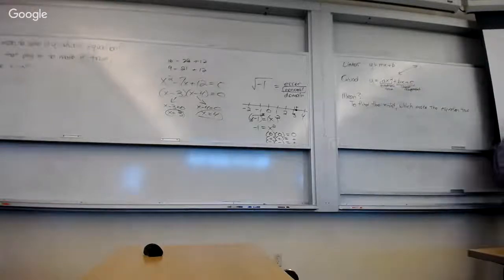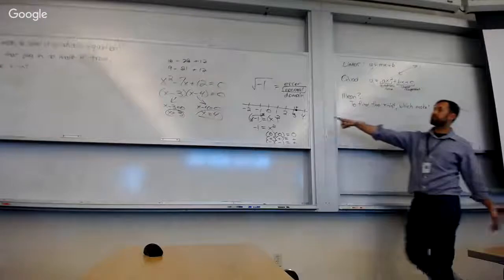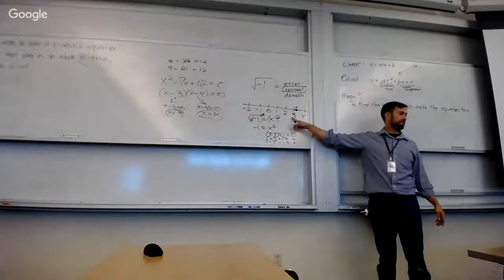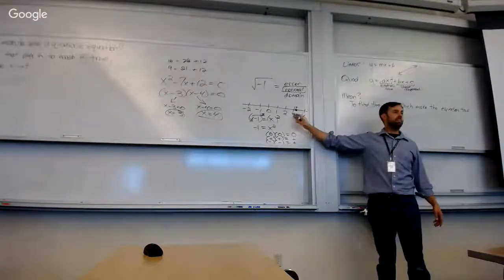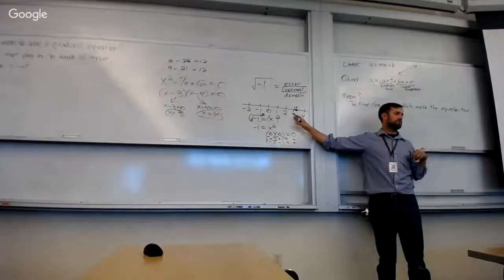And then what if the parabola is floating up above? There's no solutions. That means there's no number in the universe, no number from the number line, that you could plug into that equation to make it true. And that's what we're really saying.